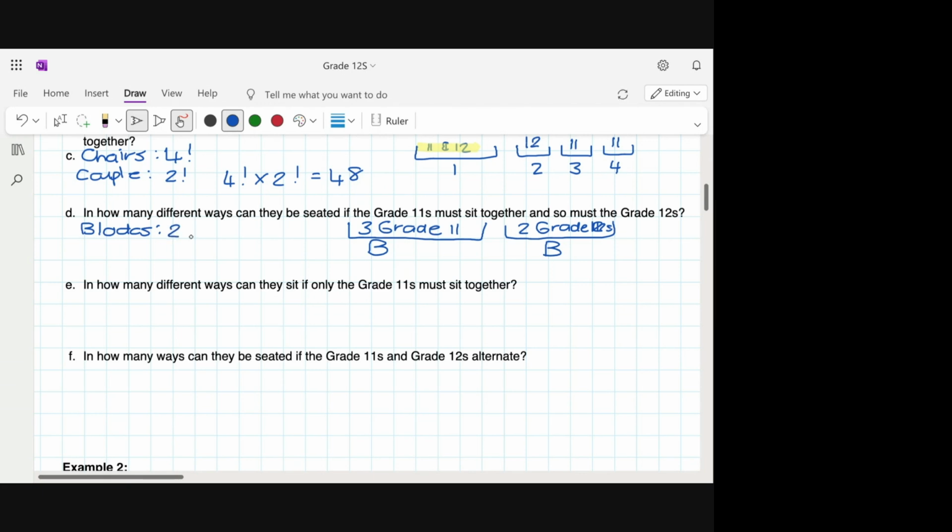So I'm going to have 2 factorial because those can be shuffled around. Okay. Grade 11s. In terms of grade 11s, how many grade 11s do I have? I have 3 factorial. In terms of grade 12s, how many grade 12s do I have? I have 2 factorial. So I'm going to have 2 factorial times 3 factorial times 2 factorial. And when I do that sum, that gives me 24.